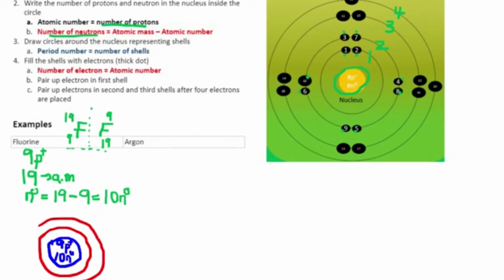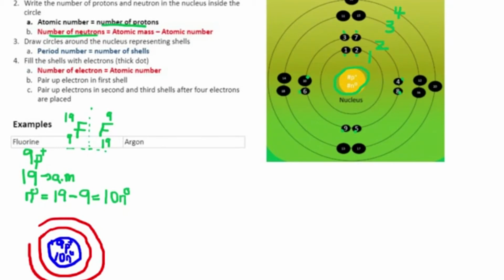So let's continue from there. Now we're going to draw our Bohr-Rutherford diagram, and to do that, first we draw our inside circle, which is a nucleus that has 9 protons and 10 neutrons in it. Then, moving outward, we add our first shell and our second shell because it is in period 2.